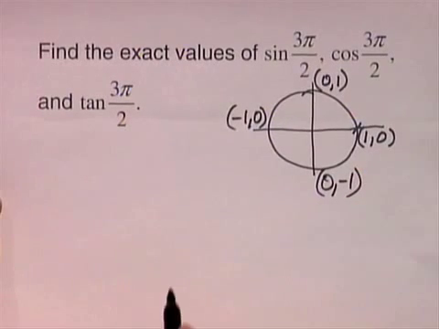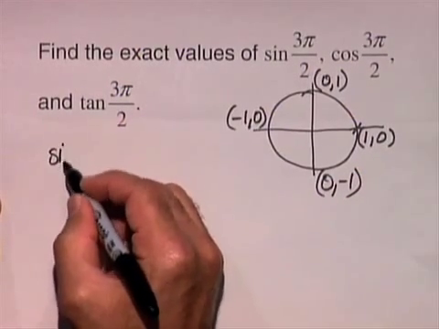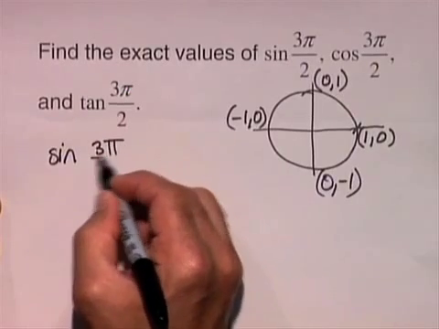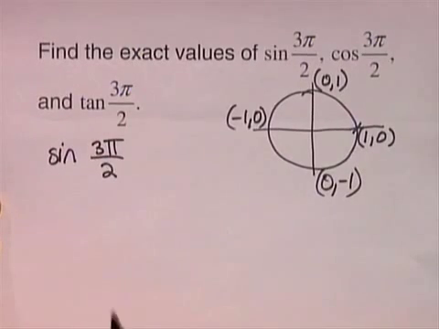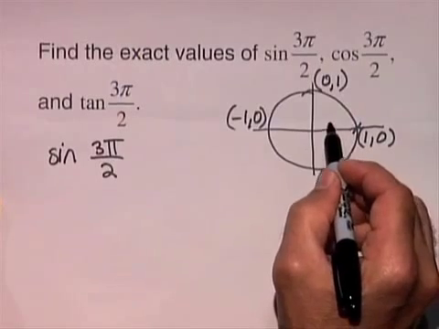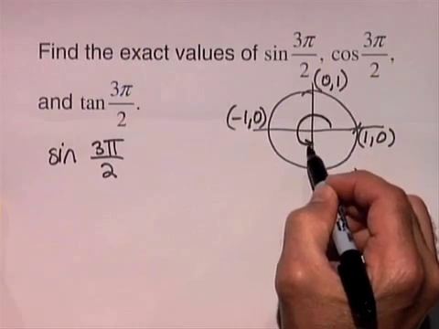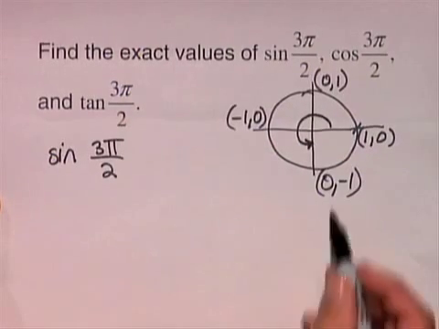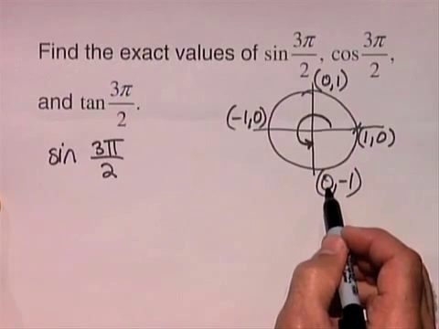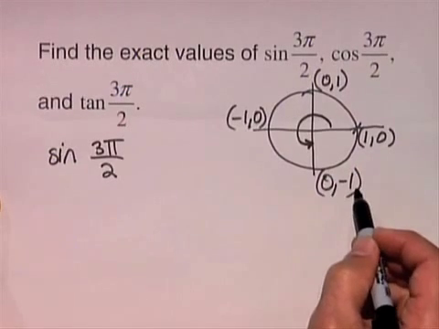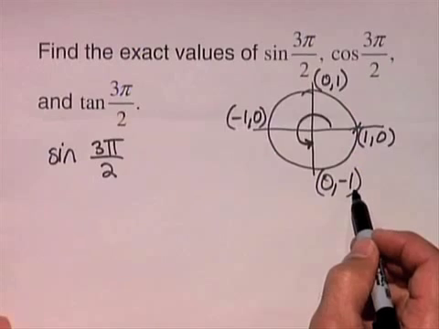Now we're interested in sine of 3 pi over 2. Well, 3 pi over 2, of course, is this angle here, landing right on the y-axis, where we have an x value of 0 and a y value of negative 1.